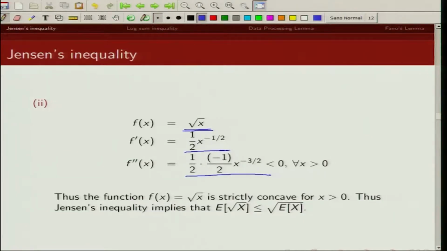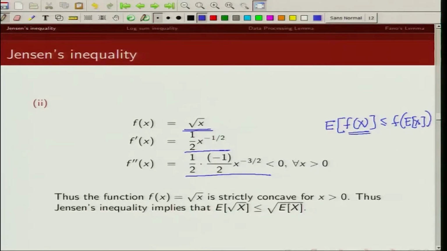Now the second derivative is non-positive, so that means this is a concave function, and if it is a concave function, then we know the expected value of the function is less than or equal to the function evaluated at the expected value.